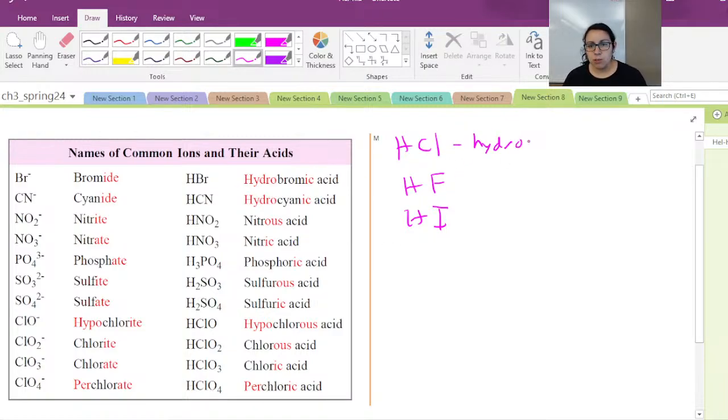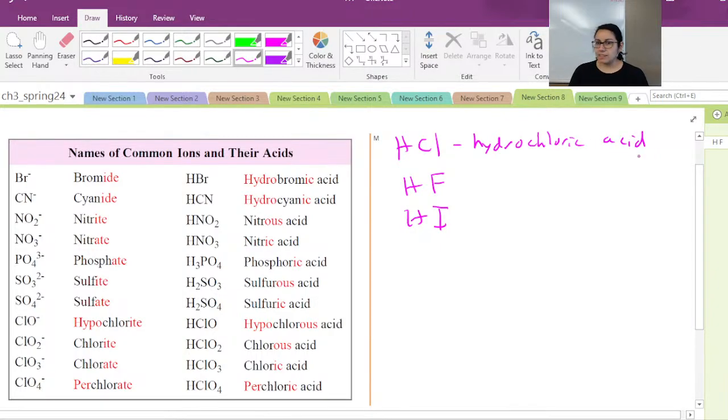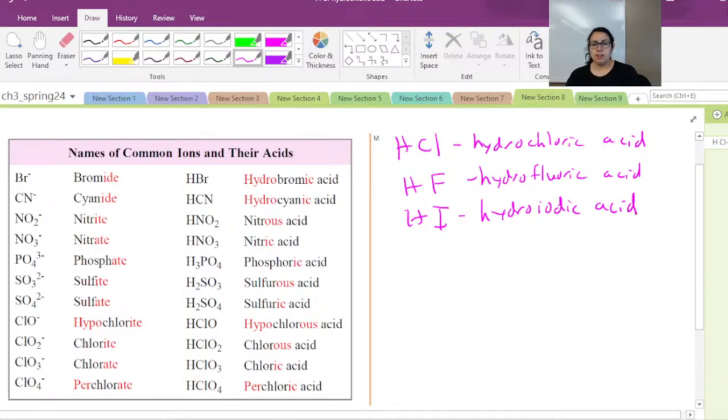So, right, you have HCl, HF, hydrobromic is written there, hydroiodic we could add. And so how you name them is you just say hydro. So this is hydrochloric acid. And then, right, you usually add acid to the name. So this HF is hydrofluoric acid. And then HI is hydroiodic acid.